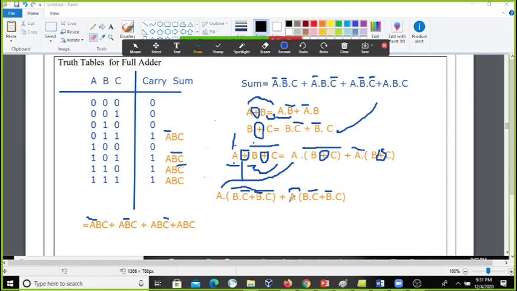Okay, now for this one, can you use the laws in Boolean algebra and simplify? Take the two terms together and simplify. Can you do it quickly?